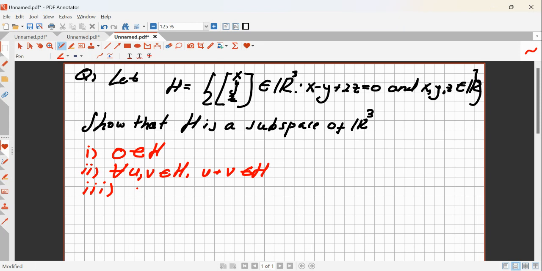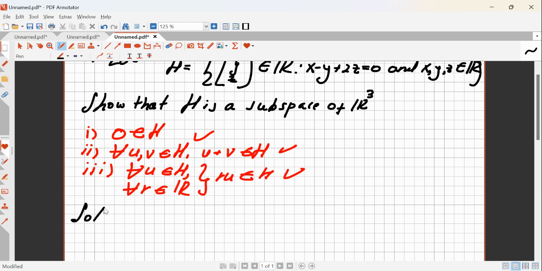And the third one, we have a vector u and a real number, and if the multiplication of them also satisfies our condition, so it's also okay. If all of them satisfy our condition, it means that H is a subspace of R cube. So let's do that.